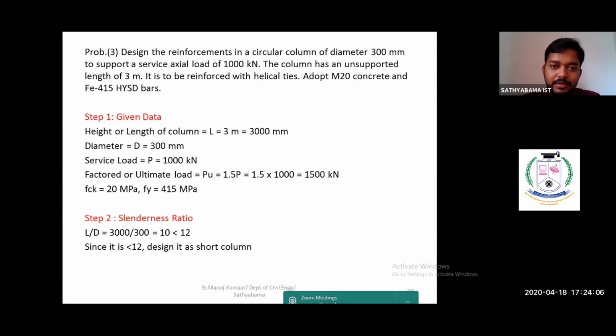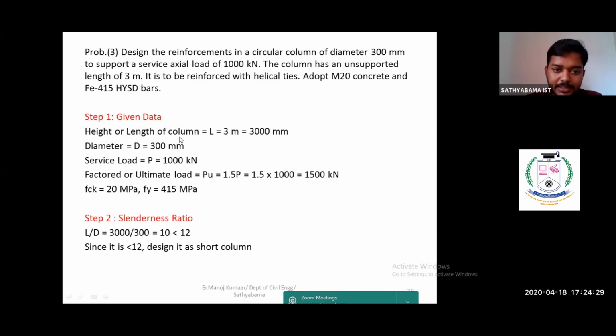They have asked you to provide helical ties. Adopt M20 grade and Fe415 HYSD bars. In the previous problem, we provided lateral reinforcement in the form of individual ties. Now here we are going to provide it in the form of helical ties, like a spring.